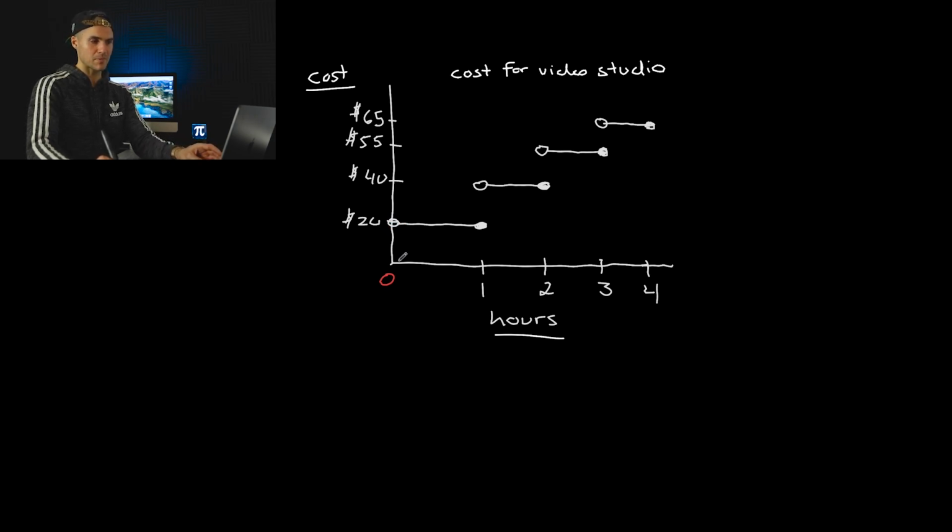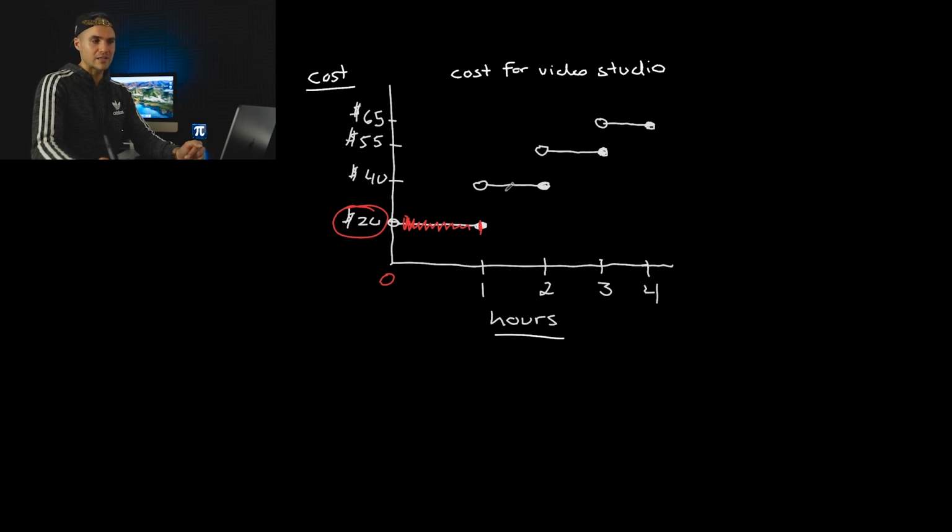They would rent it for a minimum of, let's say, just above 0, like 0.00001 hours, and that goes infinitely towards 0. But to keep it simple, let's say they could rent it for a minute, then 2 minutes, then 3 minutes, all the way to 60 minutes, for 1 hour. Anywhere in between there, the cost is going to be $20.